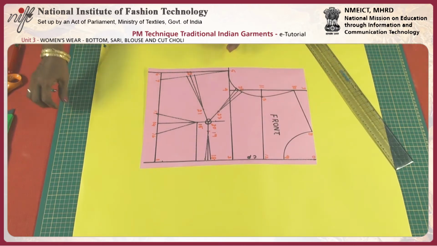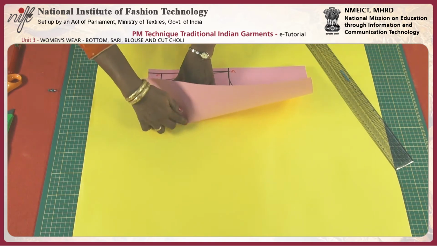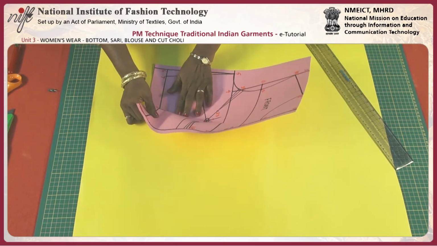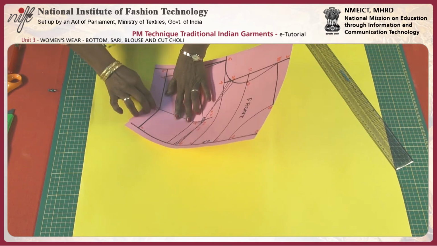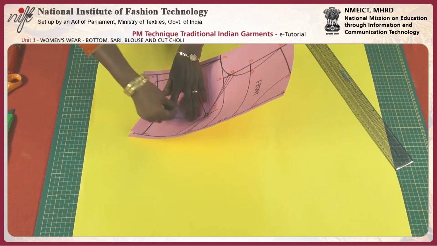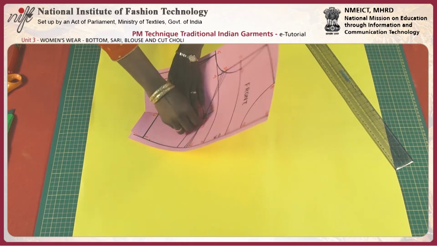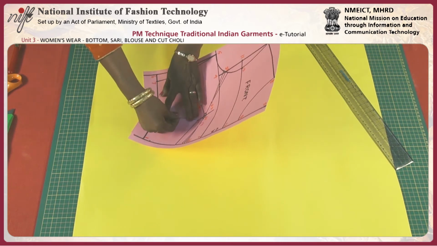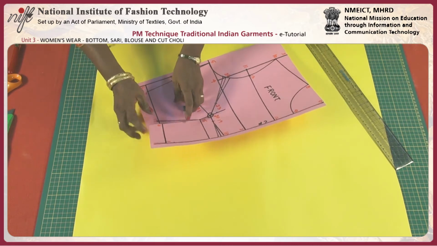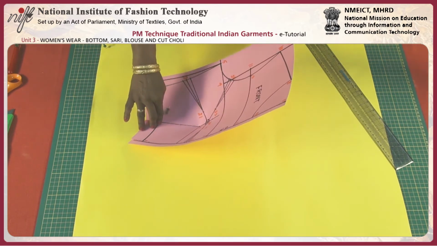Now we need to fold the darts, fold in the middle, then fold in the first leg. Put push pins. And draw the curve.